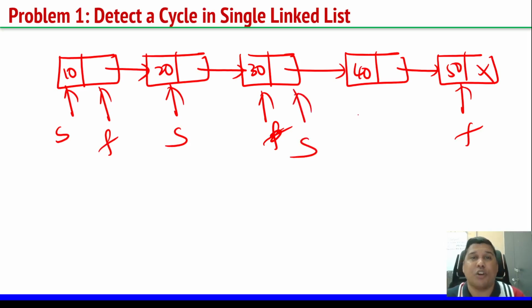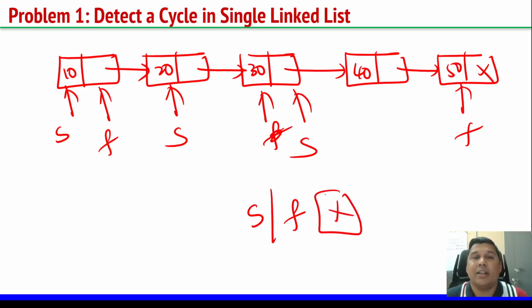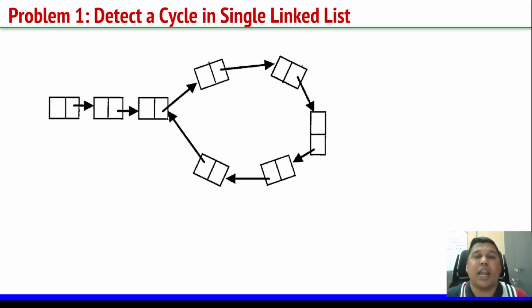If at any point of time either the slow or fast has a null, it means it has no cycle. Directly you can say, if the fast pointer's next part is containing null, we can simply confirm that there is no cycle in that, because in a cycle there is no chance of null anywhere.